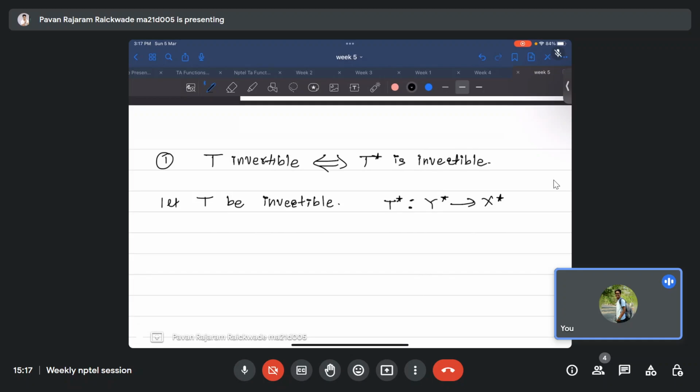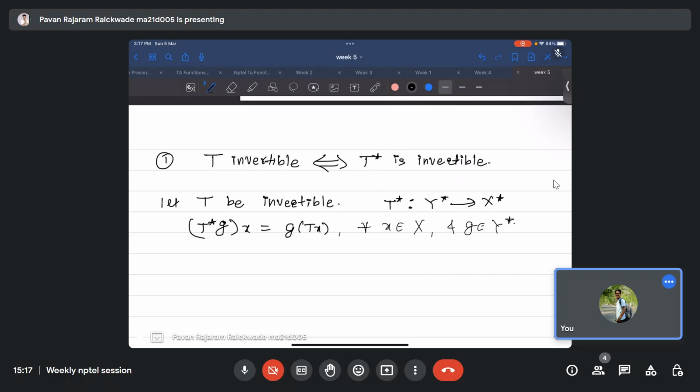Suppose T is invertible, then we have T star from Y star to X star. How is it defined? T star of any functional G is a functional on X, given by T star G at x equals G of Tx, for all x belonging to capital X and G belonging to Y star.